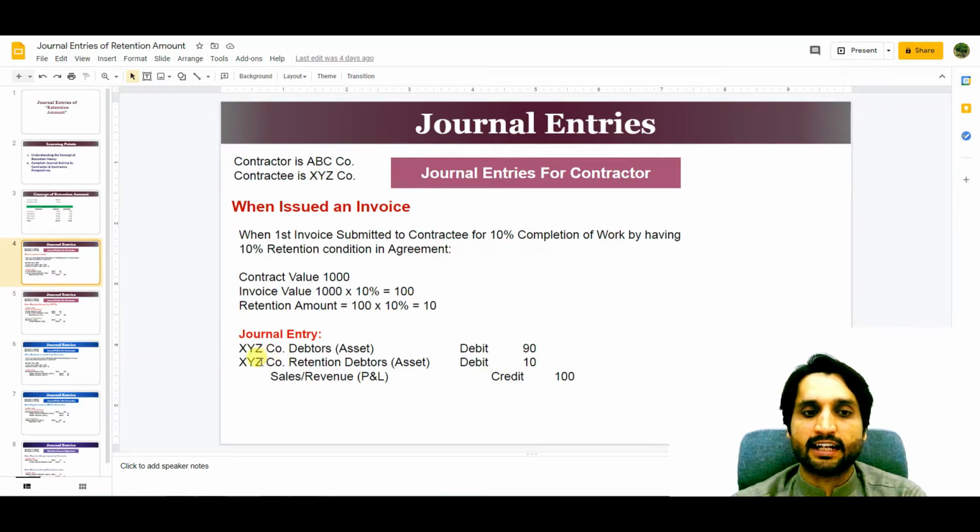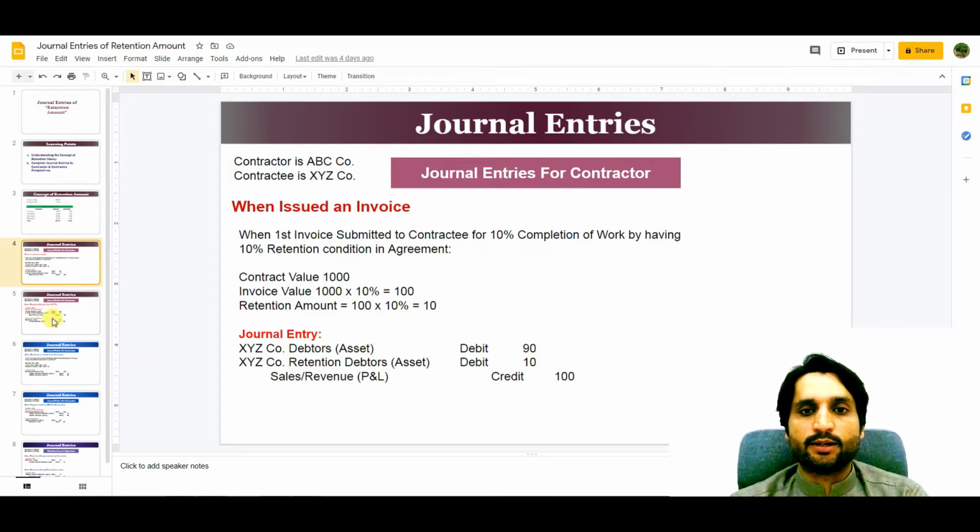This is the retention account we need to create under the assets, because this money we are going to receive after some time. So for the contractor, the sales or revenue profit and loss account will be credited by 100 because the invoice value is 100.